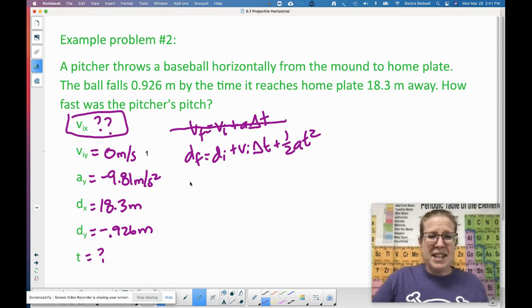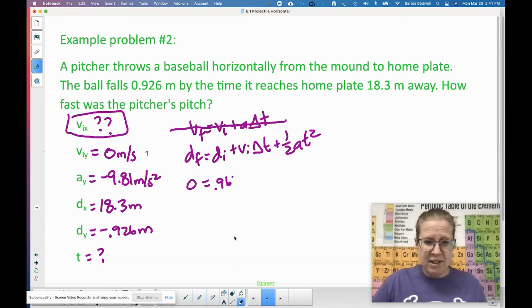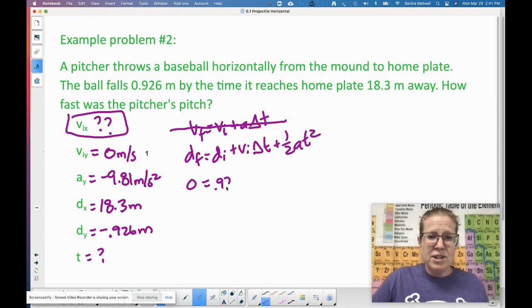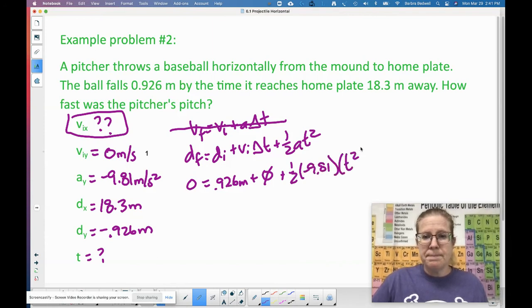So DF, it's going to land on the ground. DI, it started at 0.926 meters up in the air. Our VI is equal to 0, so that whole VI delta T equals 0, plus 1/2 times negative 9.81 times T squared.